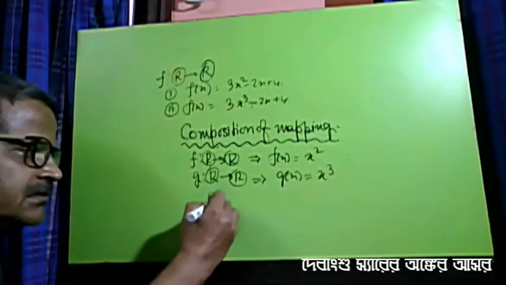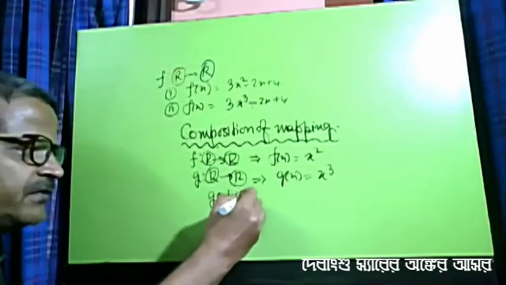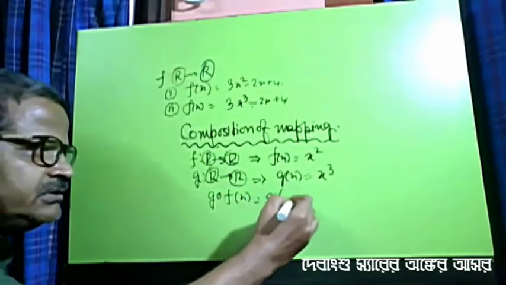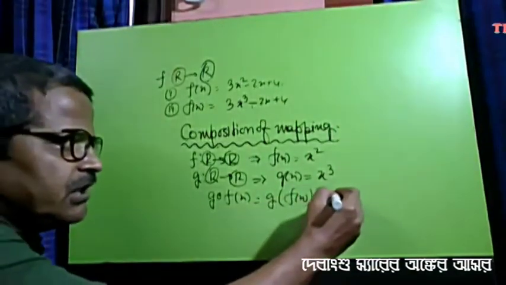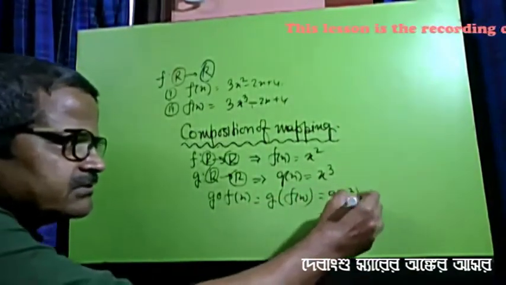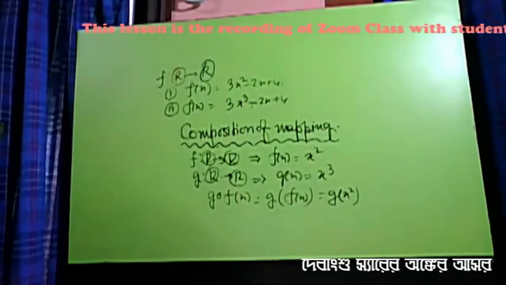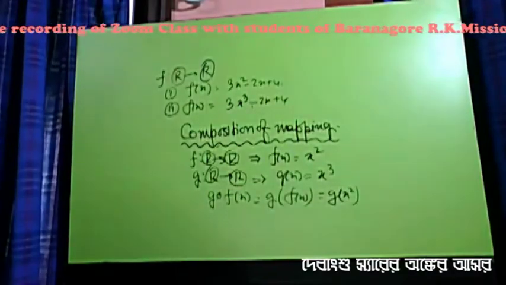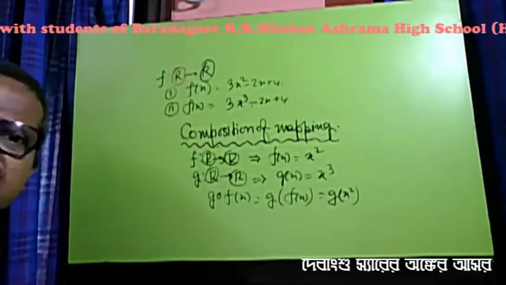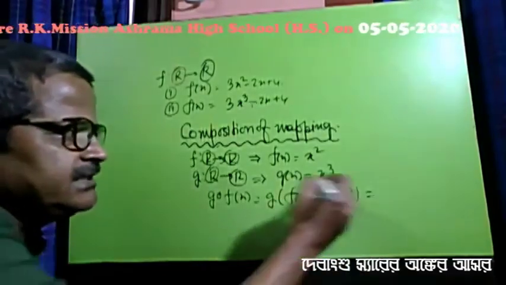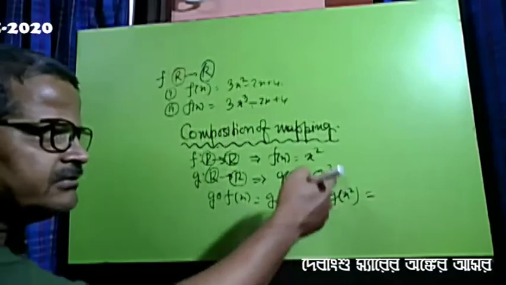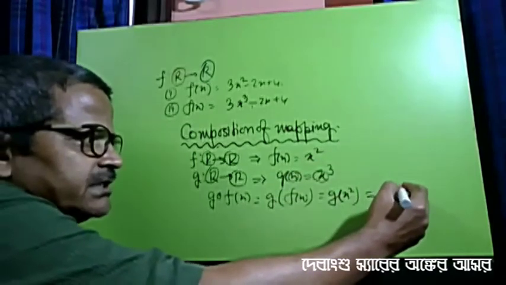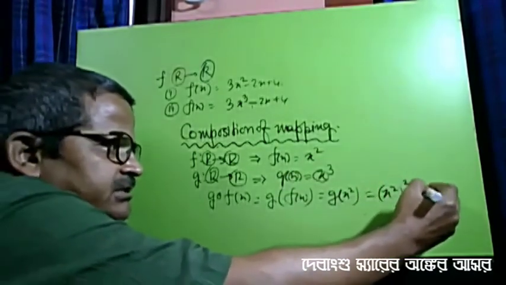Now G compose F of x is equal to G of Fx. So G of x square, because Fx is x square and Gx is x cube. So whatever comes here will be cubed. So x square cubed, that is x to the power 6.